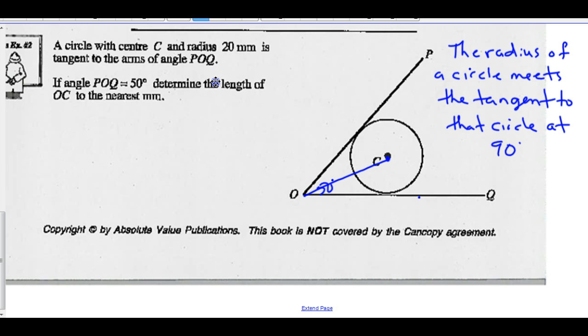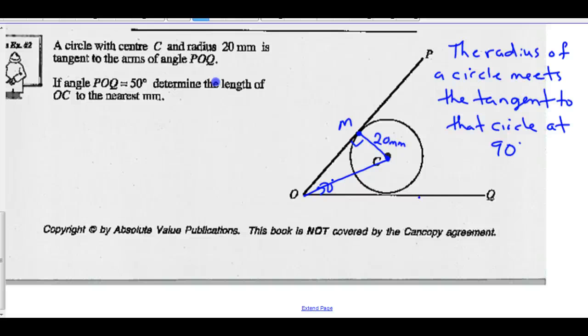So that means I can draw a right angle triangle. From the center of the circle, the radius to the point of tangency of that tangent is 90 degrees. So I've got a right angle triangle there. We're told the radius is 20 millimeters, and we're asked to find the length OC, which is now the hypotenuse of our right angle triangle. If I call this point M, it's the hypotenuse of triangle OCM.